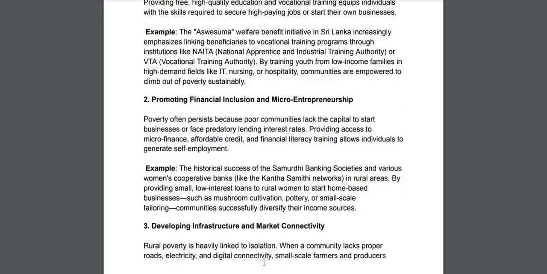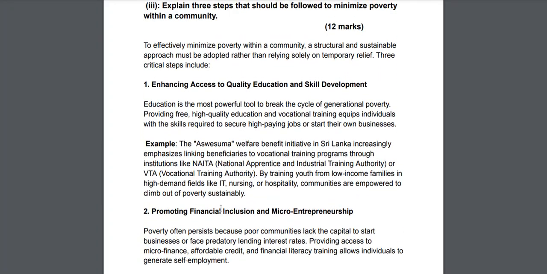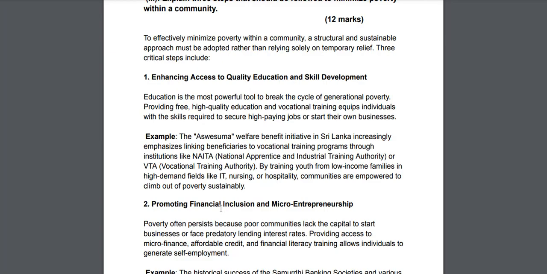Then the second one, it says financial inclusion. So here you can see some other examples also. In order to minimize this kind of poverty, we need this kind of financial balance, no?